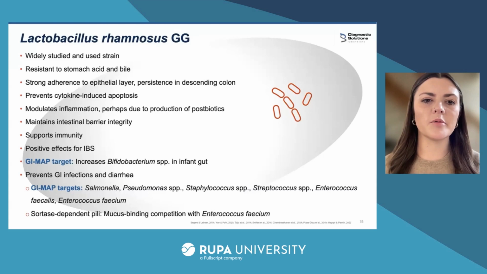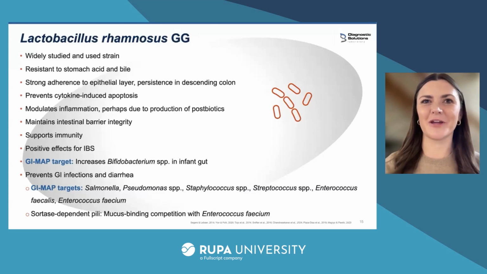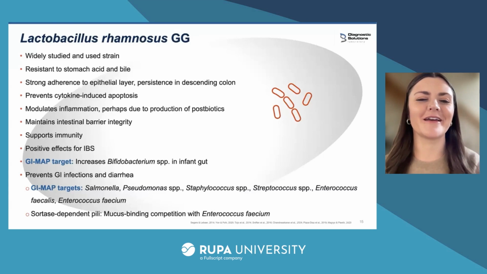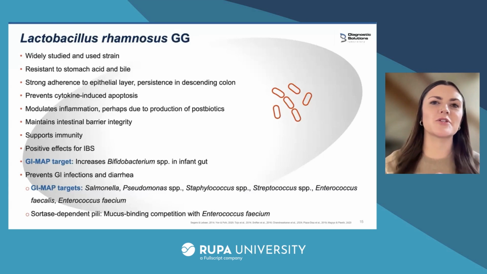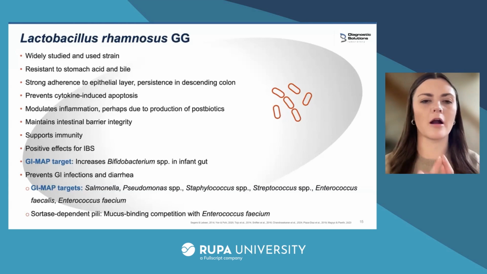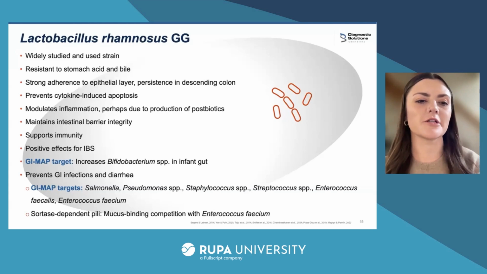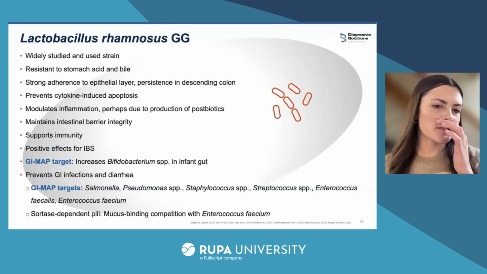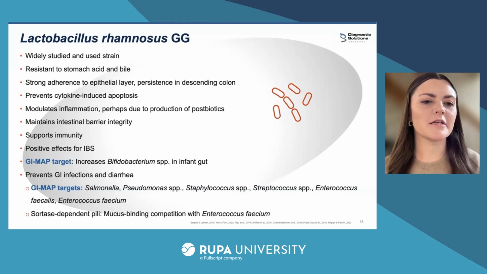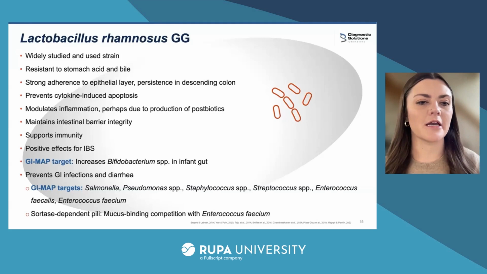So this is a nice example of maybe we're not using a probiotic to directly reinoculate the gut, so not giving bifidobacterium to increase bifido in the gut, but rather using a strain to help our own innate flora to flourish. Lactobacillus rhamnosus GG can also be helpful in preventing GI infections and diarrhea.